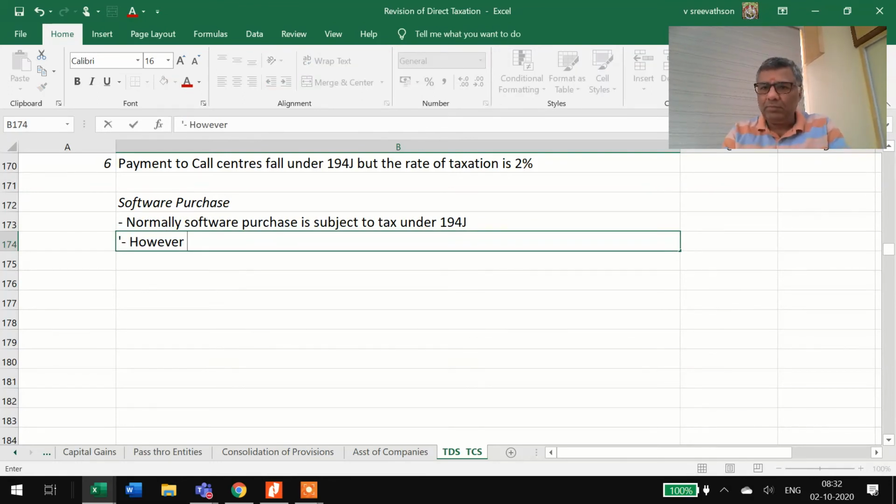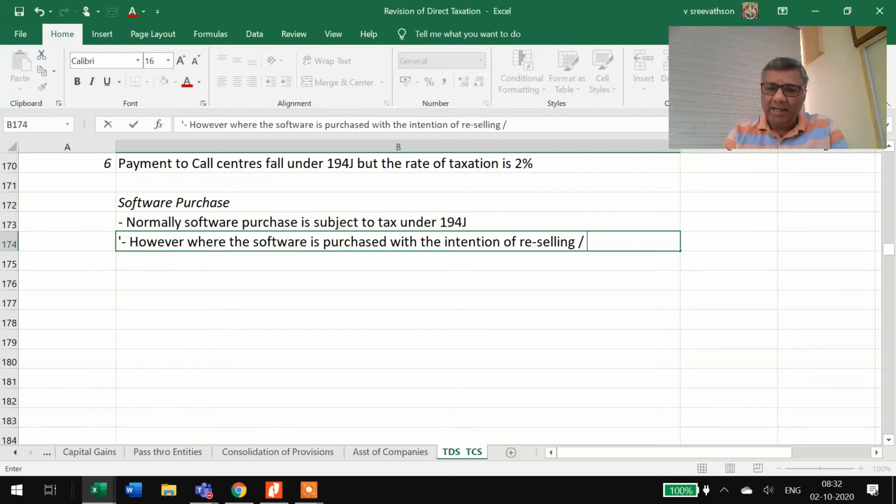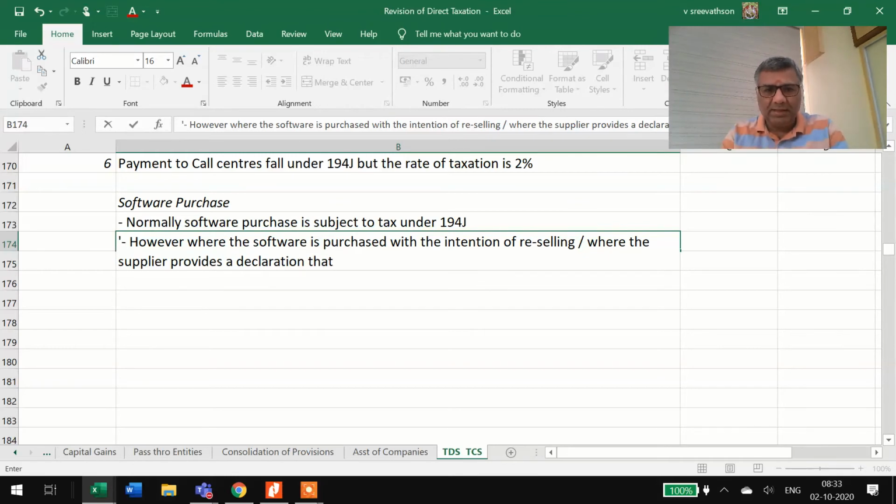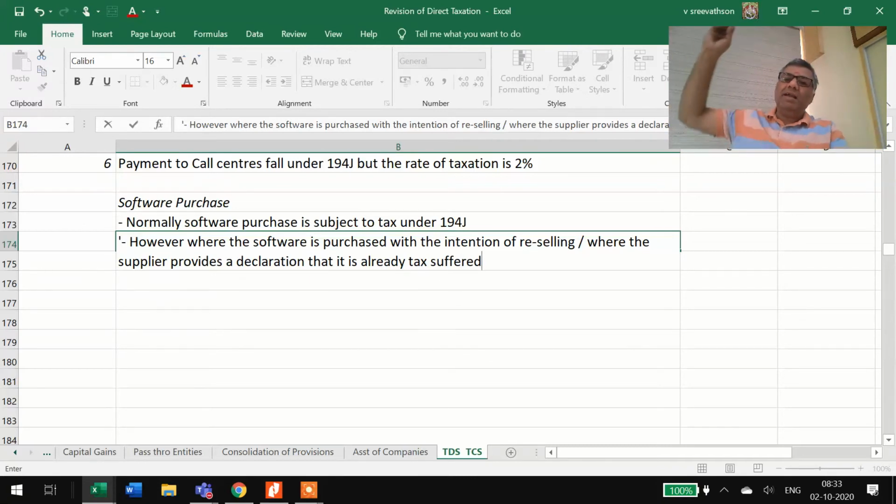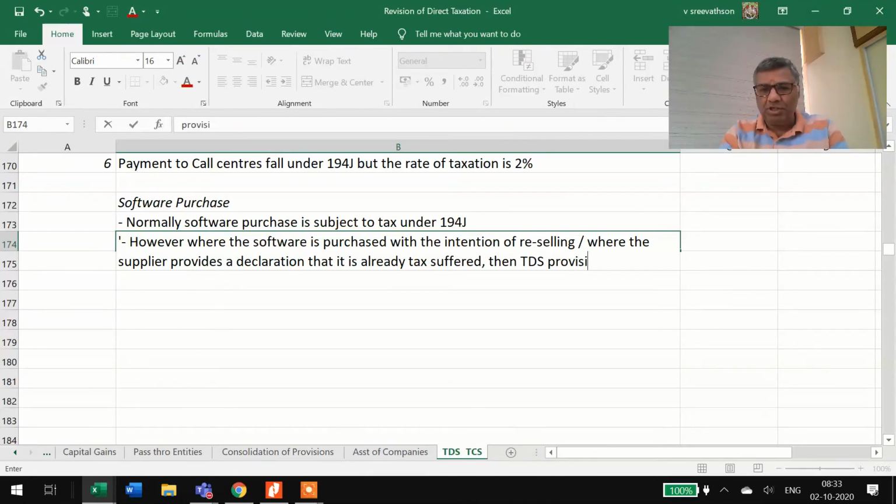However, where the software is purchased with the intention of reselling, it becomes goods. Or where the supplier provides a declaration that it is already tax suffered, which means tax has already been deducted at source, then TDS provisions will not apply.